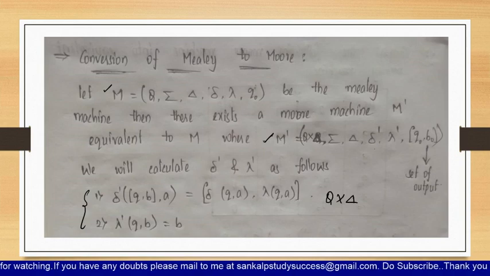Now lambda dash of q comma b is b itself. If you solve a problem, you will come to know how to find the transition function dash and also how to find lambda dash.